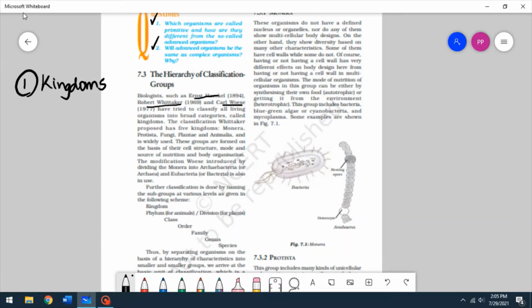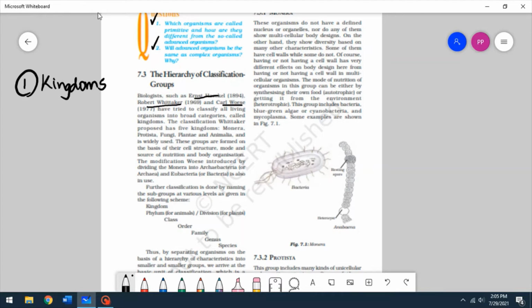And there are 5 kingdoms: Monera, Protista, Fungi, Plantae, Animalia. And the kingdoms division is very widely used. They're grouped based on their cell structure, mode of nutrition, source of nutrition, and body organization. So they're like the broadest characteristics that differentiate between the different organisms.